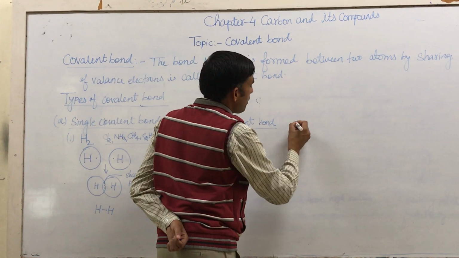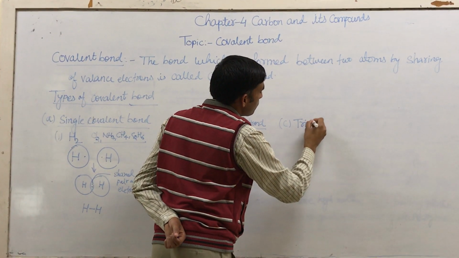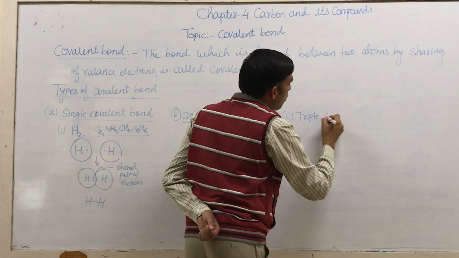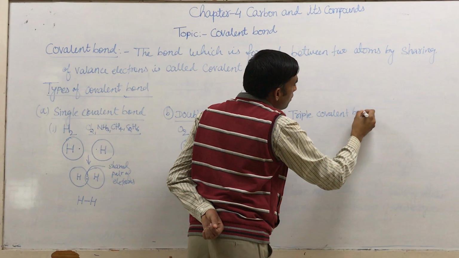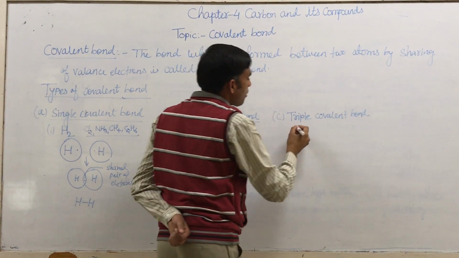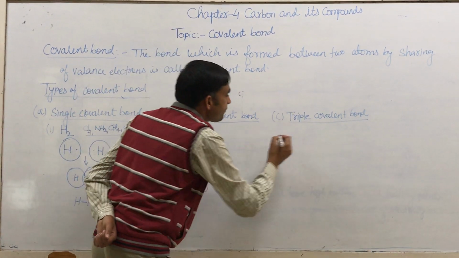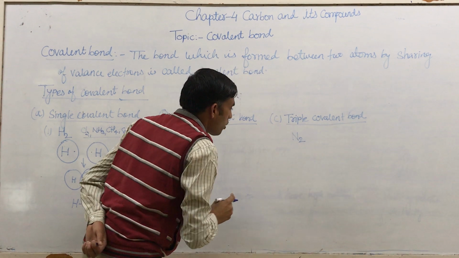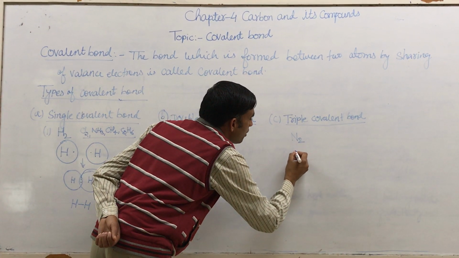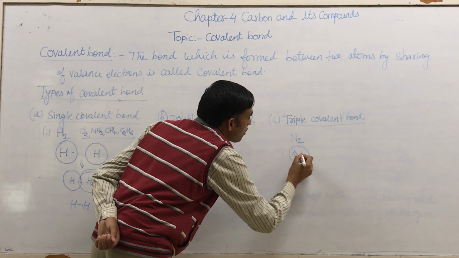Now we will explain the third, that is triple covalent bond. A triple covalent bond is formed by sharing of 6 electrons or 3 pairs of electrons, and we can take the example of nitrogen. The atomic number of nitrogen is 7, so nitrogen has 5 valence electrons.